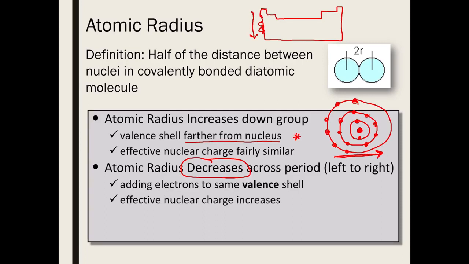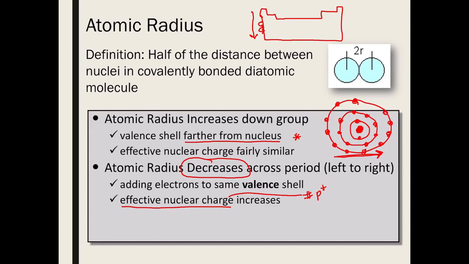So this effective nuclear charge, essentially, you can kind of think about as being the number of protons. We'll get into a better definition of it in a little bit on the next slide, but for now, just think of it as kind of like the number of protons. So we're getting more and more protons in the middle, more and more positive charge in the middle, and we are adding more and more electrons to the same energy level.